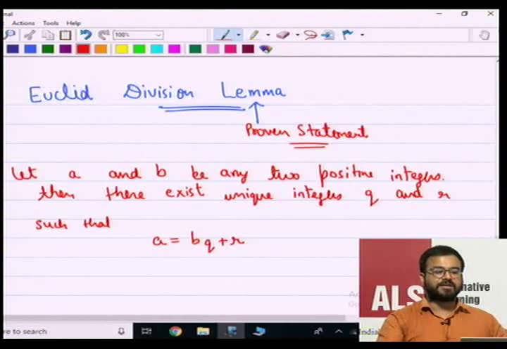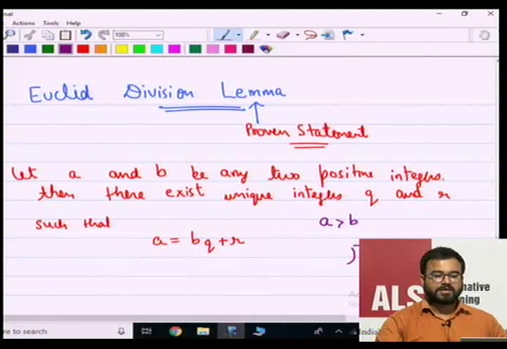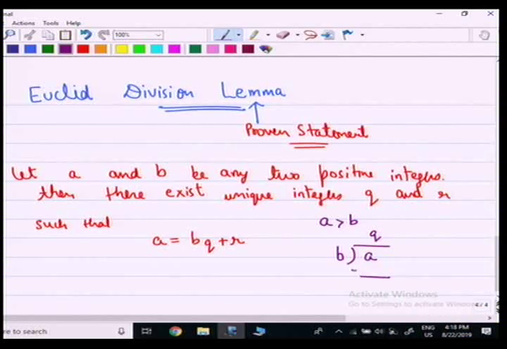Basically it means, suppose out of A and B, A is greater than B, and we divide A by B. Then there must be some quotient, B times something, and then there must be some remainder, which is R. So Q and R here represent the quotient and the remainder.